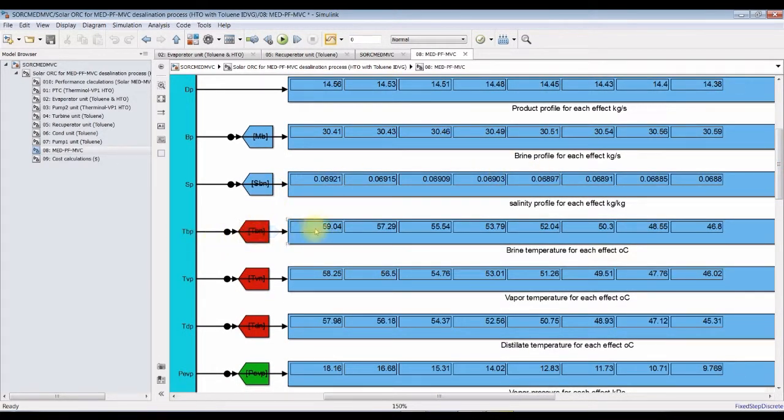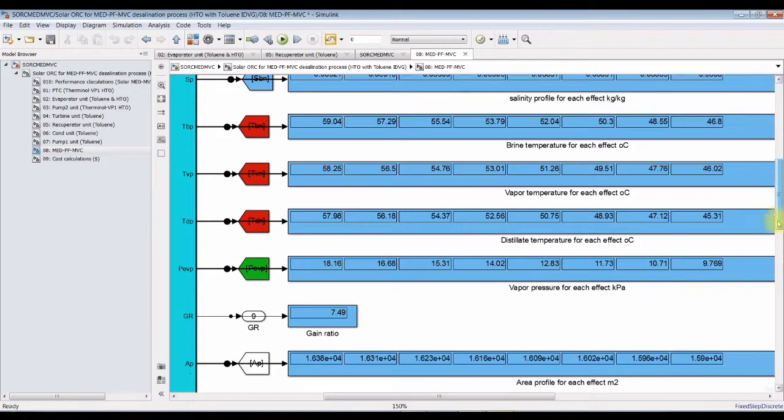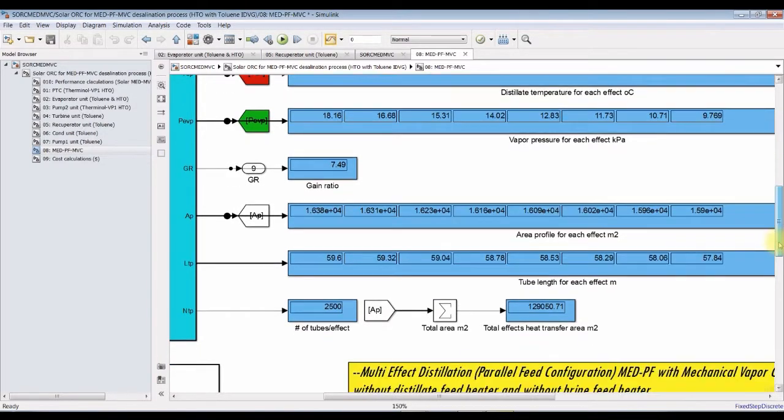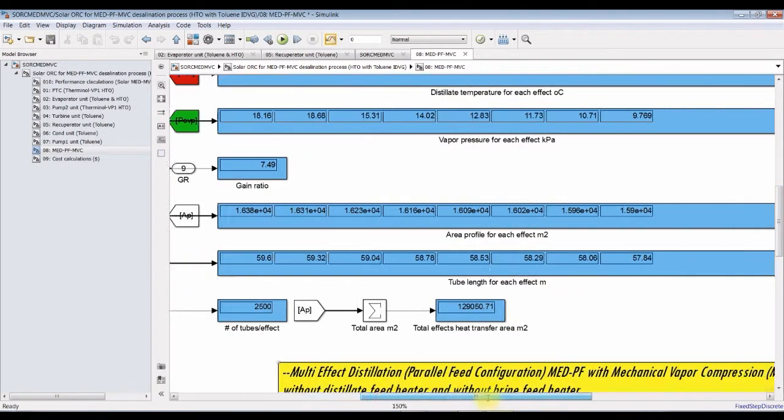This is the temperature of blow down profile per each effect. Vapor profile, distillate profile, and pressure profile through each, and this is the gear ratio because it's the operation of 8 effects, so it's around 7.5. Area profile for each effect, length.